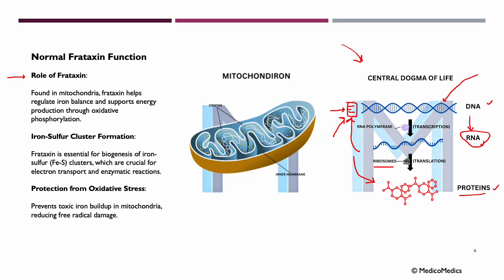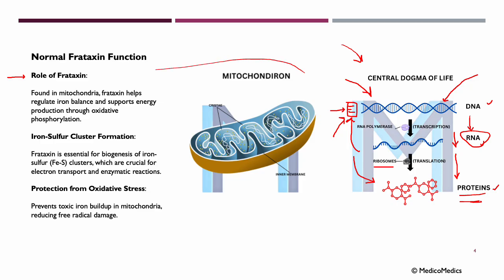One of these genes in our DNA is the Frataxin gene, and it provides instructions to make Frataxin protein. Now, in the next 2 slides, we will talk about the pathophysiology of Friedreich's ataxia and the genetic mutations that have occurred, leading to a reduced level of messenger RNAs, which in turn leads to a reduced number of Frataxin proteins.